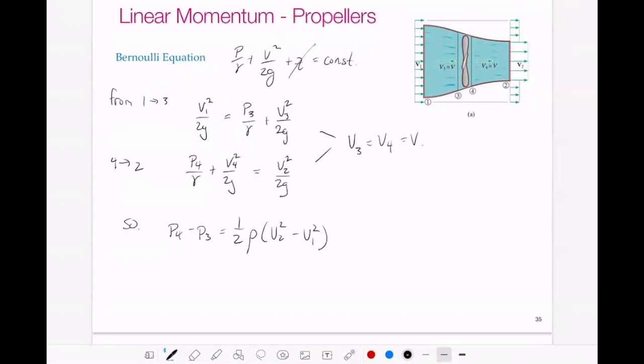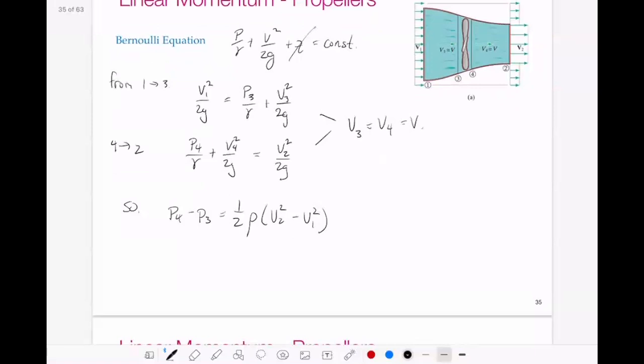So we've applied Bernoulli's equation to try and relate the velocities between point 1 and point 2, and we have a new equation. Finally, we can equate this with our equation above.